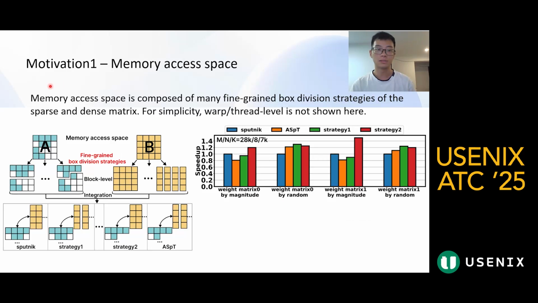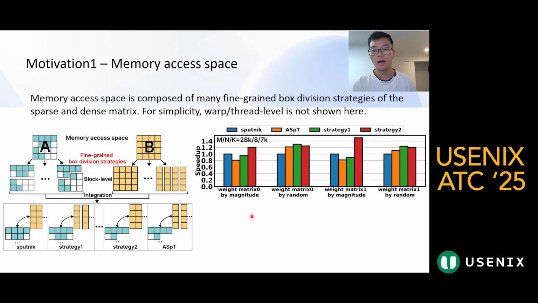So the memory access space is composed of many fine-grained box division strategies of the sparse and dense matrix. The sparse matrix has many fine-grained box division strategies like this and this. And the dense matrix is also divided in many strategies. These strategies are finally integrated to form the memory access space.